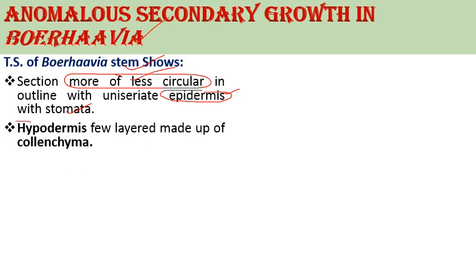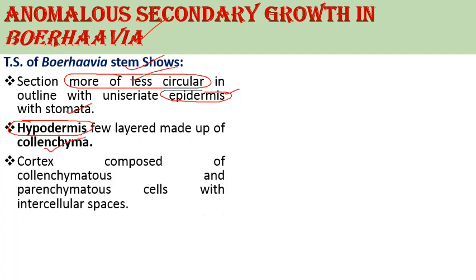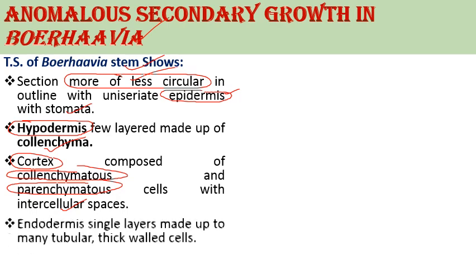Then this epidermis is followed by hypodermis, which is made up of few layers of collenchyma. So ये जो hypodermis है वो collenchyma से बनती है. Then we have cortex. Cortex is composed of both collenchymatous cells as well as parenchymatous cells, और इनके बीच में present होते हैं intercellular spaces. It means it consists of loosely arranged cells.